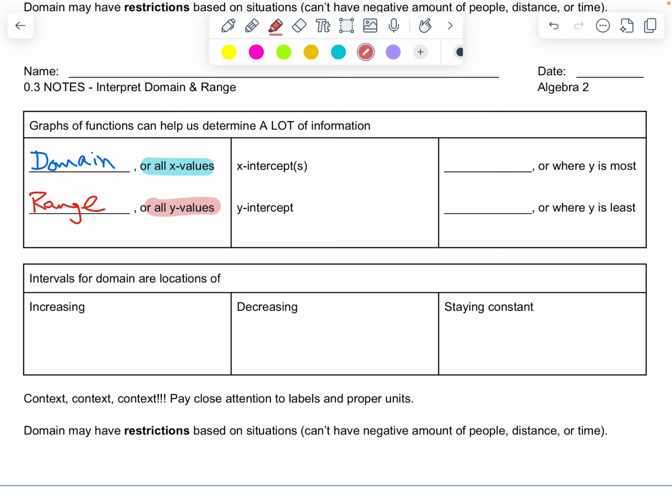And then some other things from graphs that will play out throughout, and being able to interpret some things, is x-intercepts and y-intercepts. When I have an x-intercept, I will have a specific x value, and the y value would be 0.